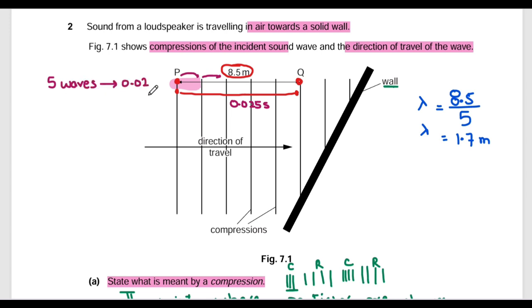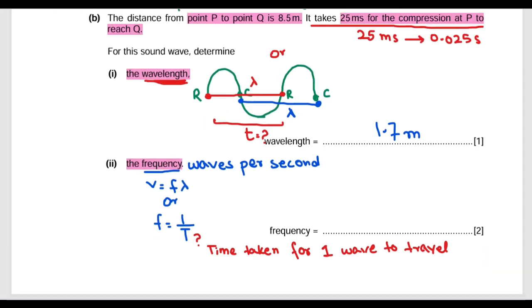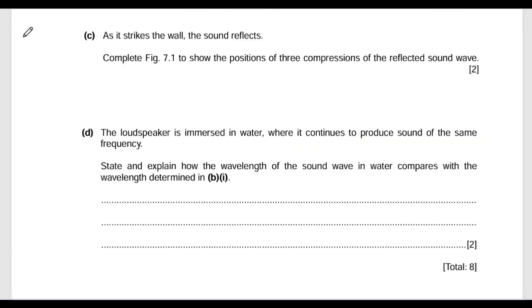So 5 waves take 0.025 seconds. What will one wave take? Divide 0.025 by 5, that would be 0.005 seconds. So the time period, or time taken by one wave to travel, is 0.005 seconds. For frequency, I can take the reciprocal of this value, and this is equal to 200 hertz. So our frequency is 200 hertz.